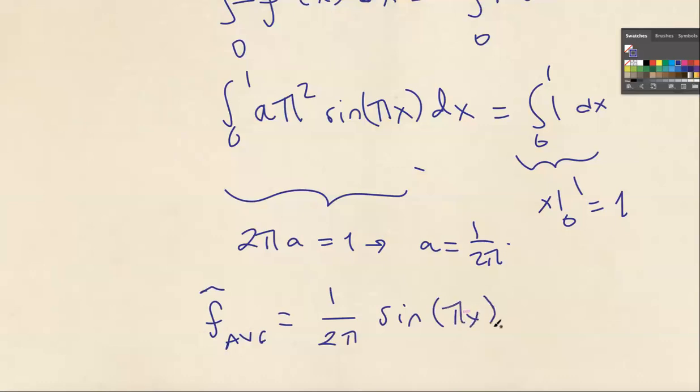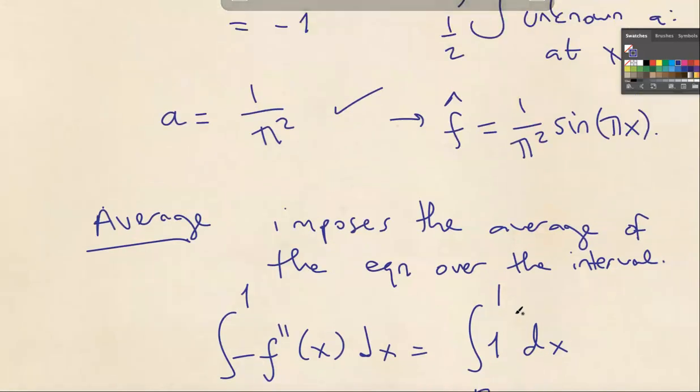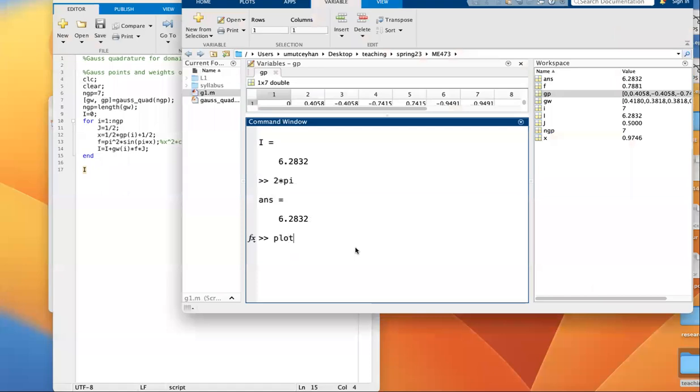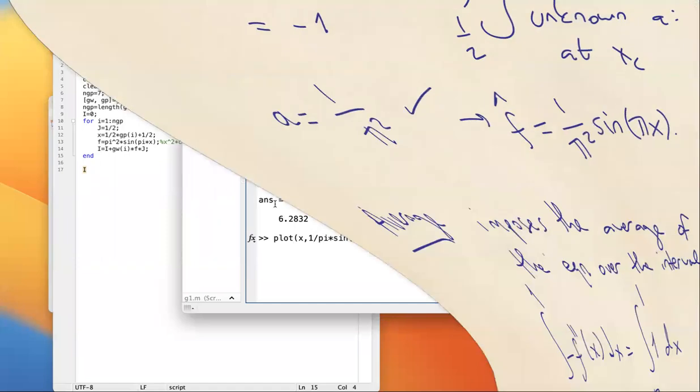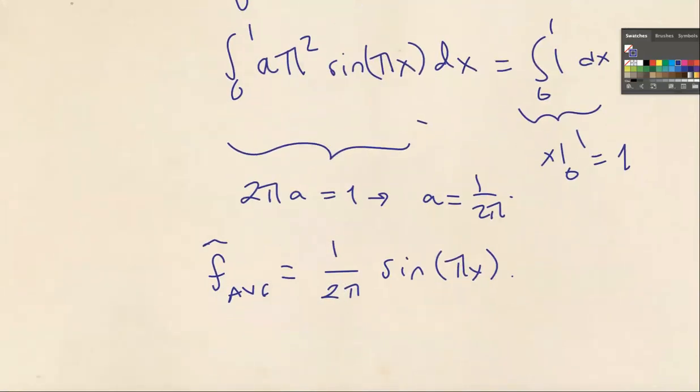So what was it before? Oh, it's pi squared. So let's see the difference now. Now I will hold on and plot. This time, instead of pi, I have 1 over 2 pi.